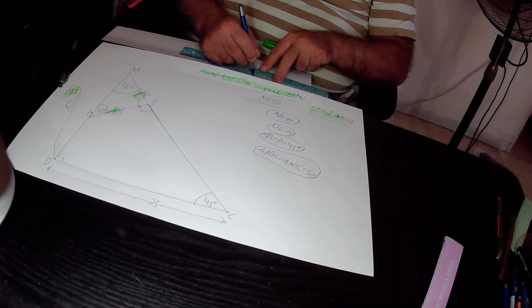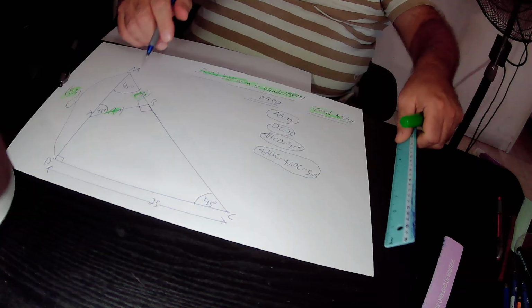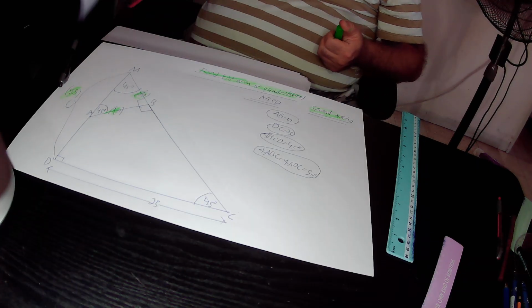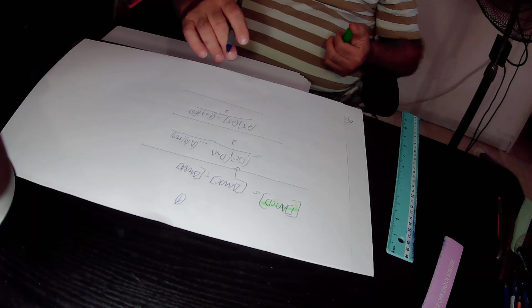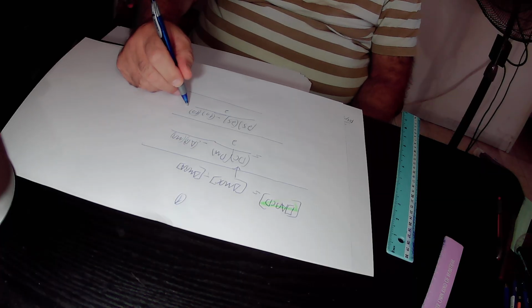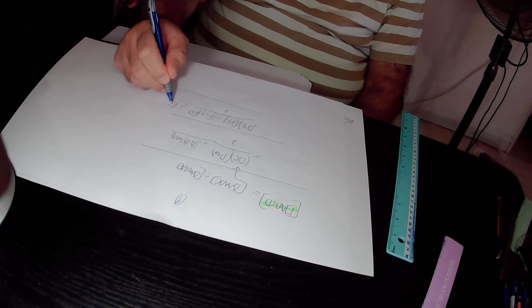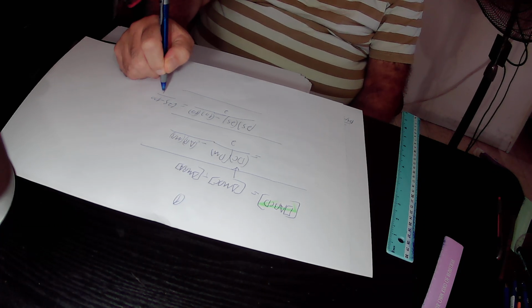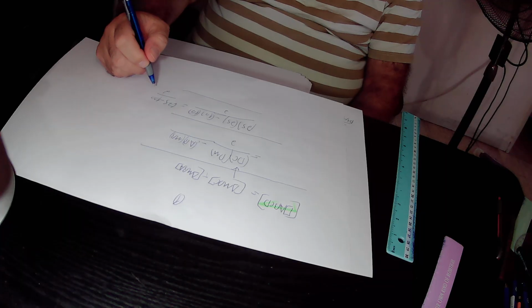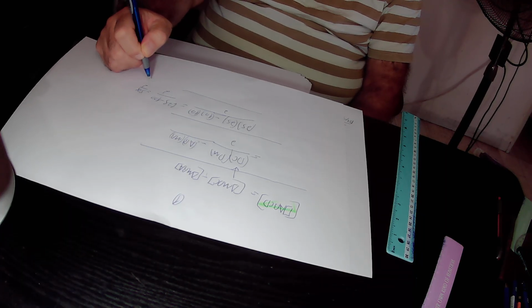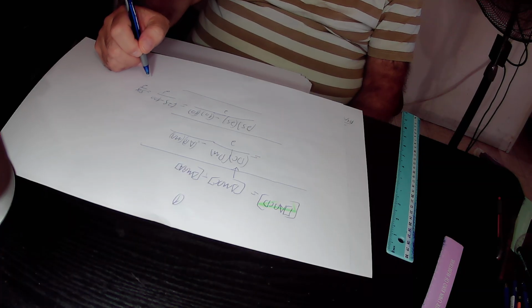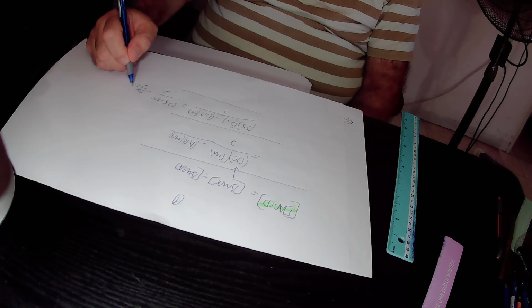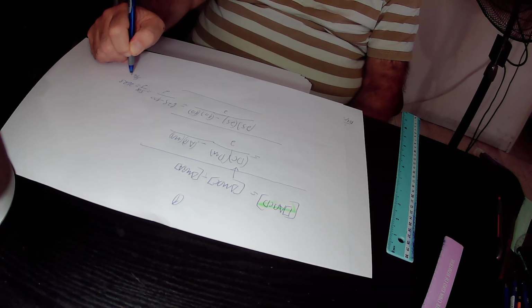So in total, we found that the area of this quadrilateral ABCD equals (25 squared minus 10 squared) over 2. 25 squared is 625, minus 10 squared is 100, divided by 2. 625 minus 100 is 525, divided by 2. 525 over 2 is 262.5 square units in its size.